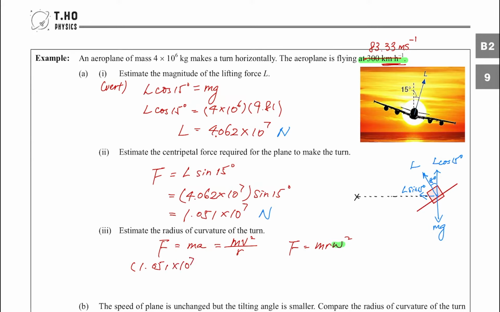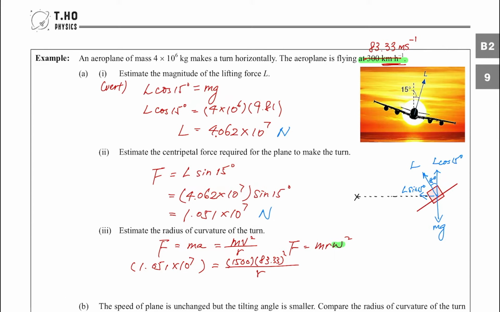Centripetal force is 1.051 times 10 to the power 7, and it would be equal to 1,500 times v squared over r.